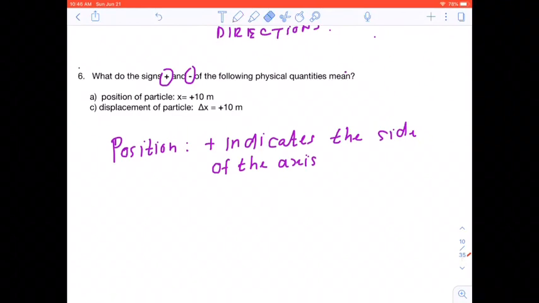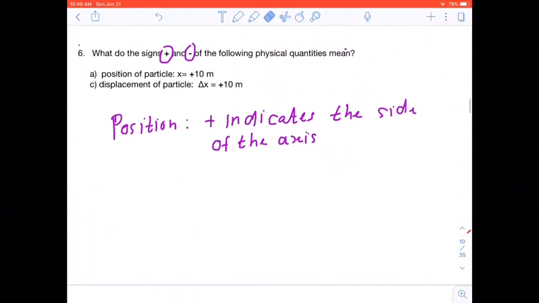So if the position is plus, we mean the particle is on the positive side of the axis. And if it's negative, it indicates that the particle is on the negative side of the axis. Plus indicates the side of the axis that you're going to get the particle or object.